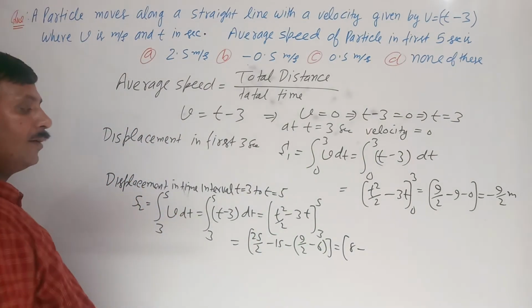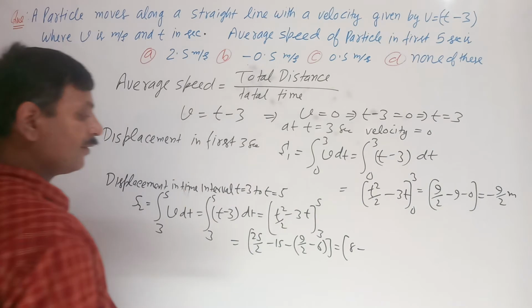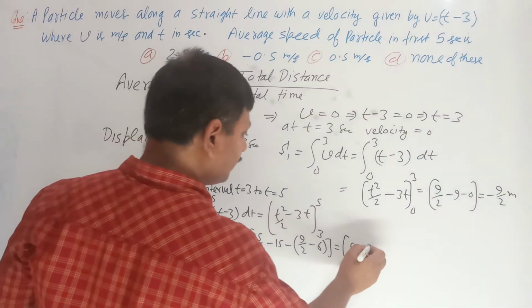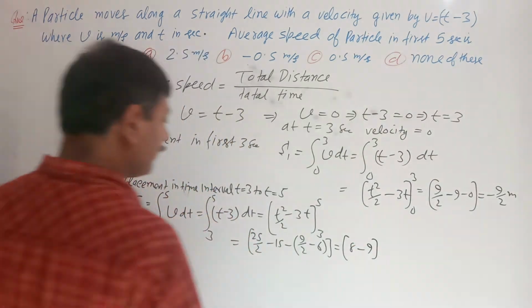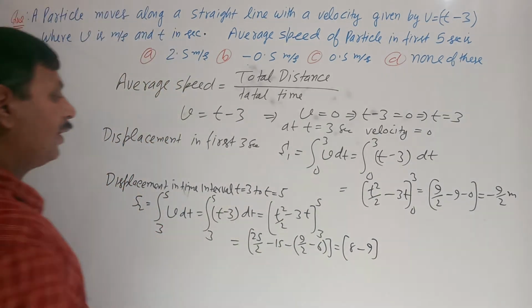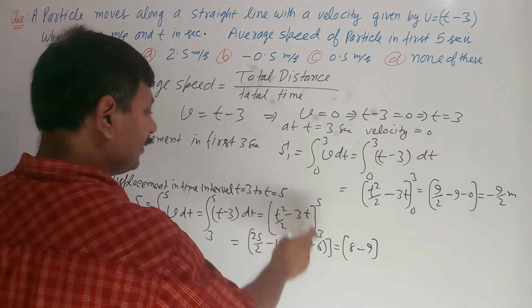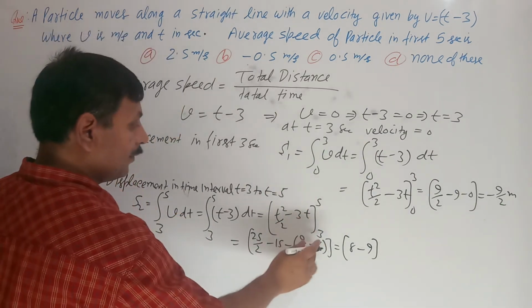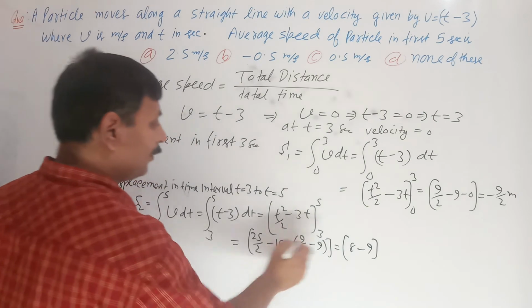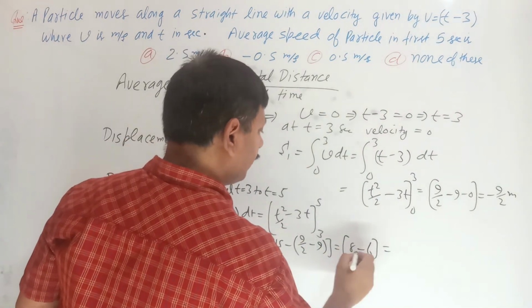Minus 15 plus 9, 5 5s are 25, 5 3s are 15, 3 3s are 9. This will come 8 minus 15 plus 9. This comes 6, so that will come 2.